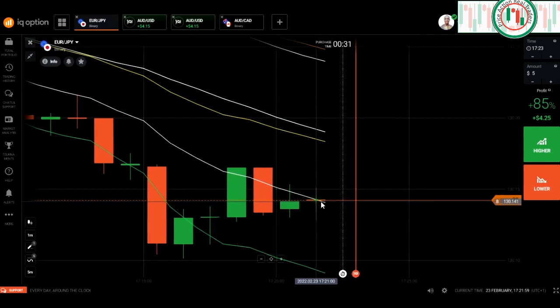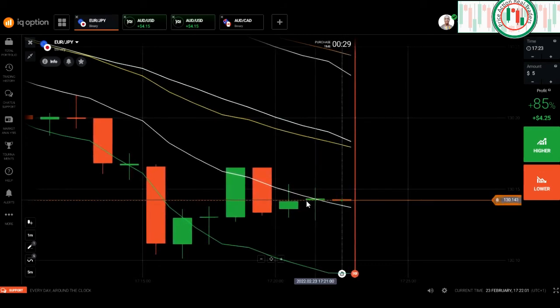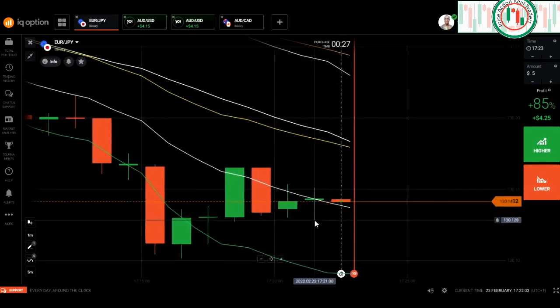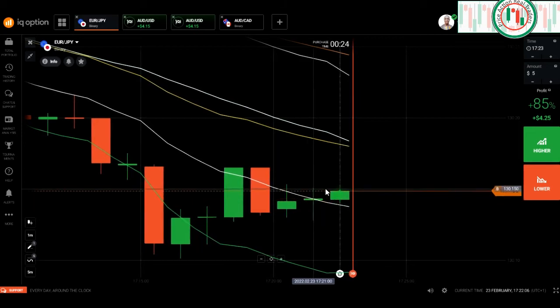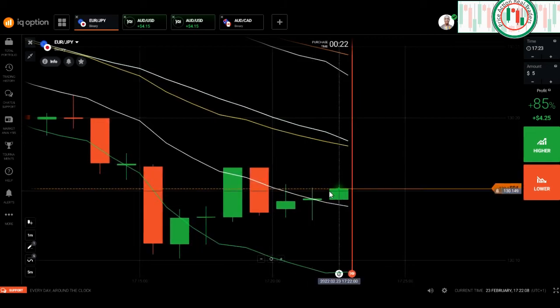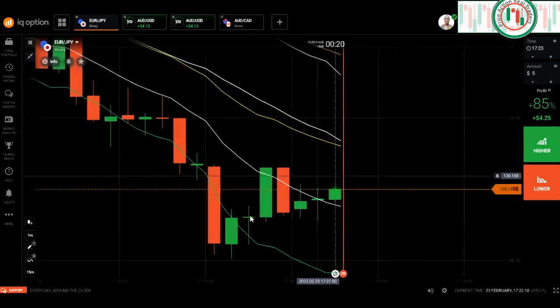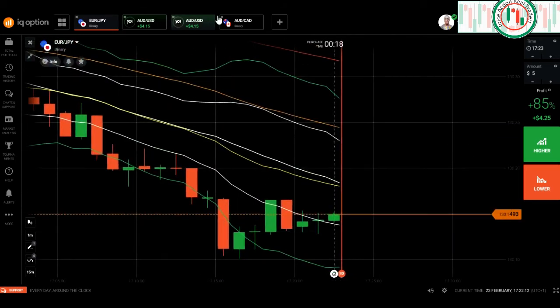I know it's supposed to be green. This candle is a call, so you're supposed to place your trade here below. This one will be green again because of the double bottom, but I will not take my trade here.